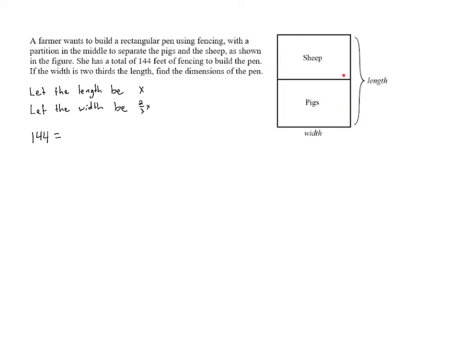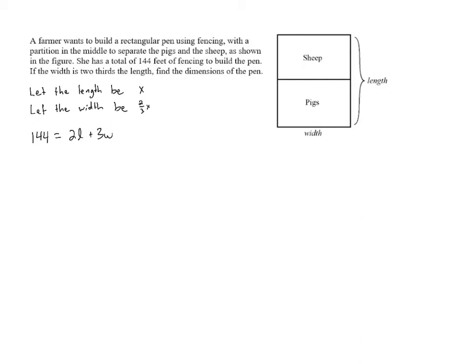It's going to be twice the length and then 3 times the width. I don't write P here because this isn't the perimeter anymore. Once we've added in that extra partition, it's something else. So we've got 144 is equal to twice the length plus 3 times the width.